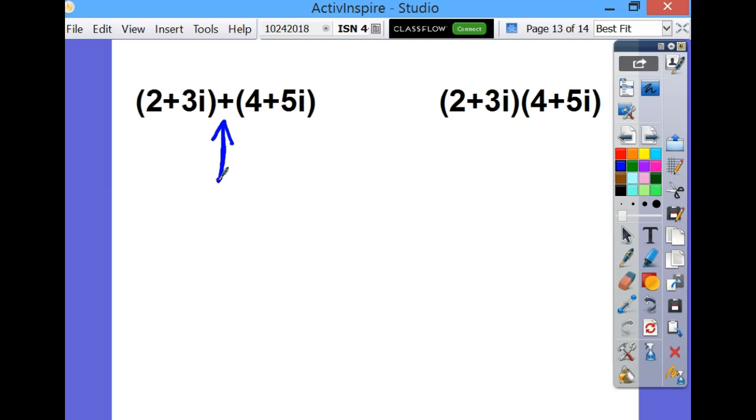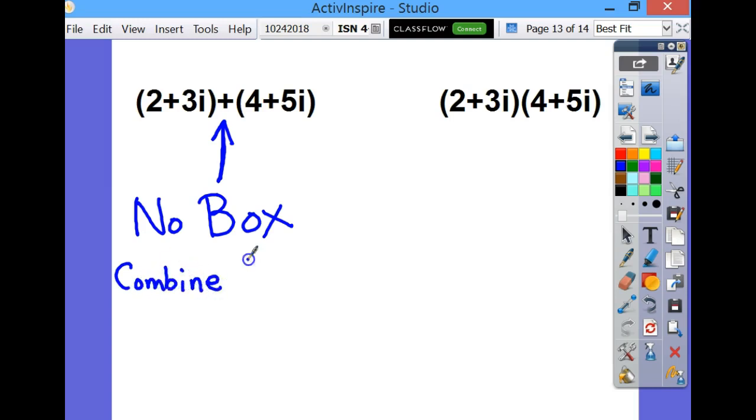If there's an adding sign in the middle between the binomials, is this a box problem? If it's not a box problem, what do you do? And that's called combine like terms.